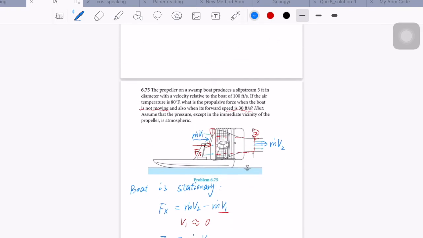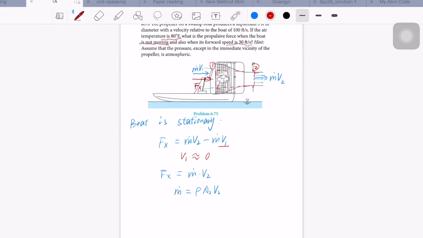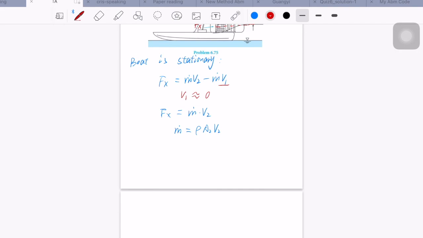And when the air temperature is 80 degrees Fahrenheit, we can find that rho should be equal to 0.00228 slug per cubic feet. You can find this value from the textbook in the table A3.